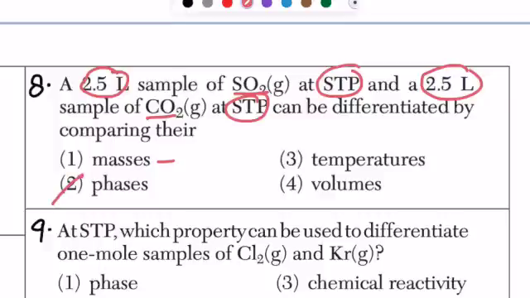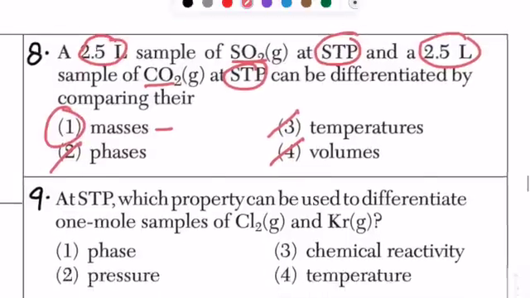Their phases are the same, their temperatures are the same, and their volumes are the same. So coming back to the masses, what we can assume is that they are talking about the molar masses here. So because they are different gases, they are going to have different molar masses. So that is something that we can use to differentiate.